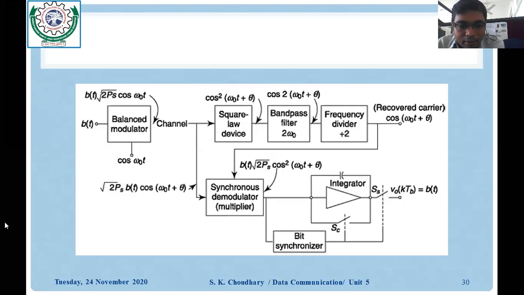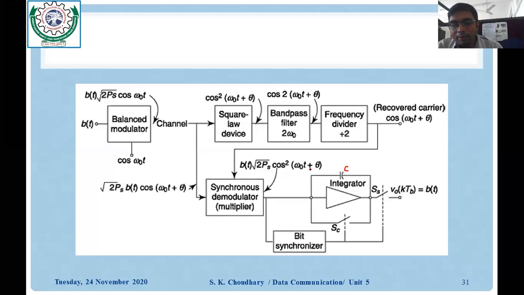So you can see here in the diagram also, whatever the output of the demodulator or multiplier, that would be applied to this integrator as well as a bit synchronizer. This bit synchronizer would turn on and turn off the SC switch at the end of every bit, and whatever the output of the integrator, this would be available to the user through this switch SS.